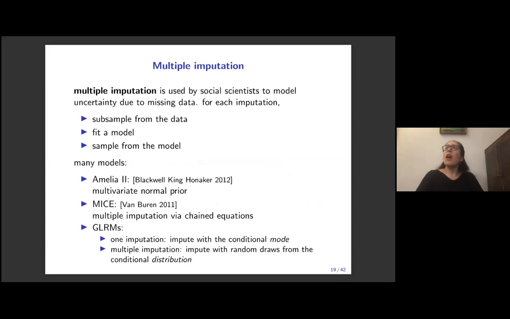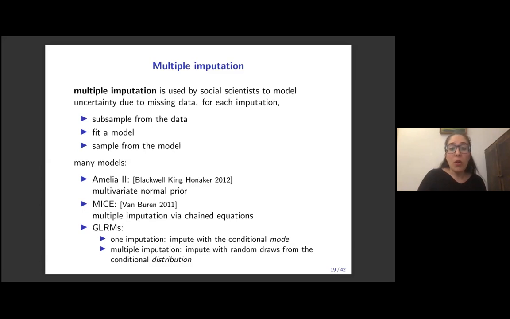Okay. Multiple imputation. Since you do quantitative methods, I assume that means you have several social scientists among you. Multiple imputation is a really popular modality for data imputation in the social sciences, and the reason is that you can use it to model the uncertainty due to data imputation.